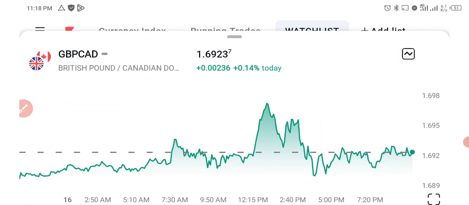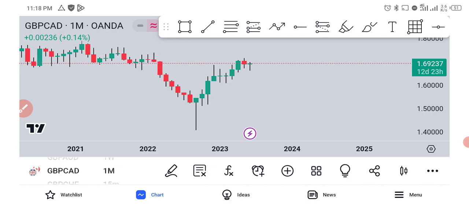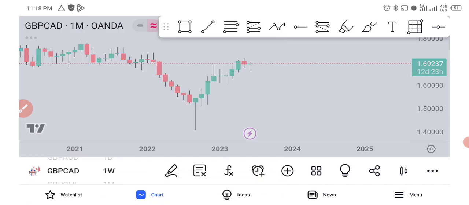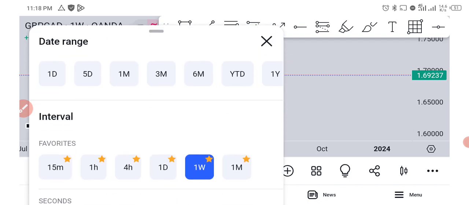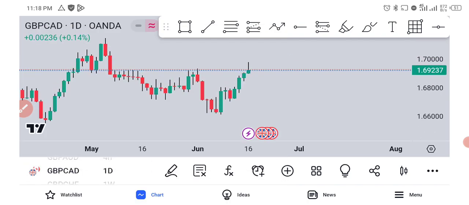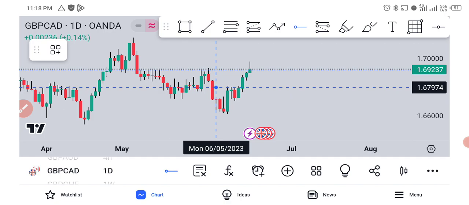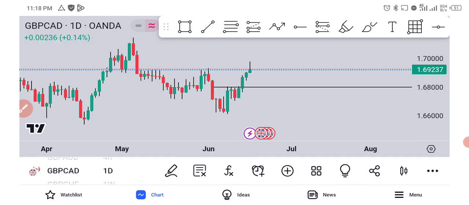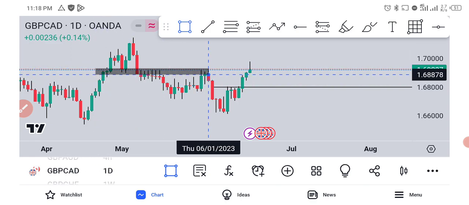GBP CAD. On the monthly time frame, this is choppy price action. From the monthly, this is choppy price action. So let's see what we have on the weekly time frame. On the weekly, this is choppy price action, because there's no opportunity from the weekly. Then the daily has created the W formation, where the entry will be on the 1 hour time frame, and our take profit level will be at this point, because the market is currently reacting to this resistance level here.